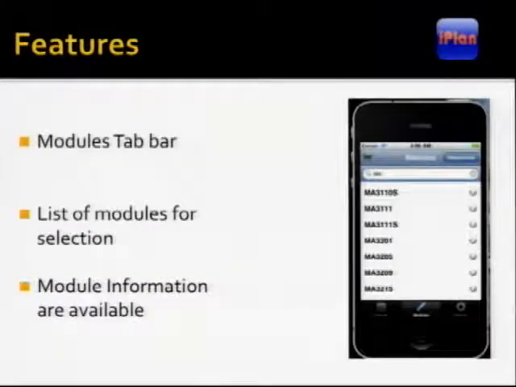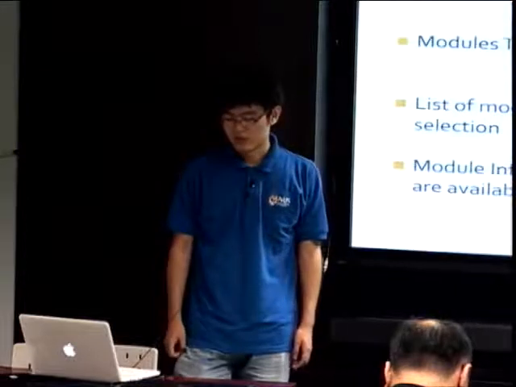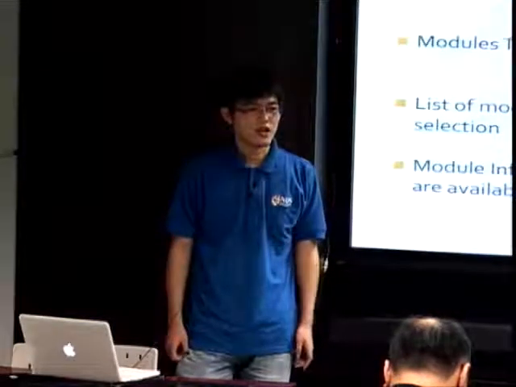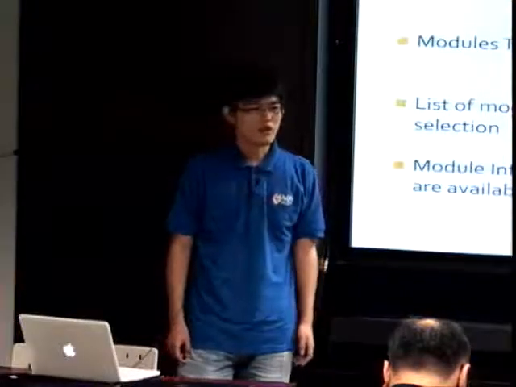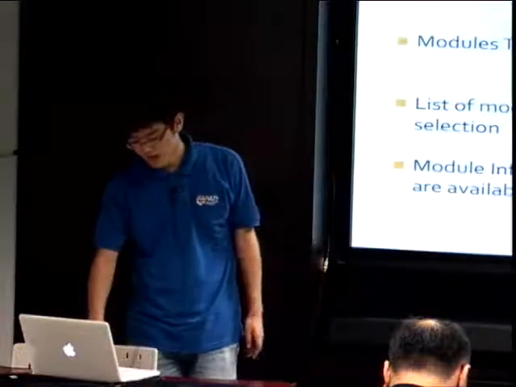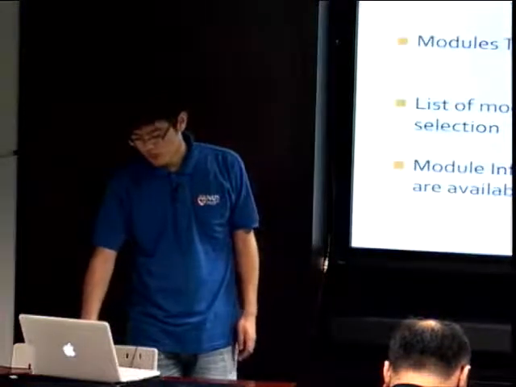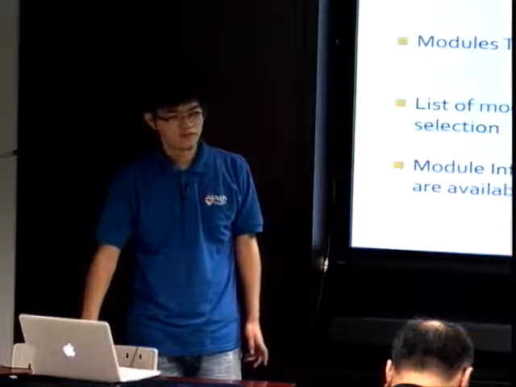Let's talk about the features of our app. The first view is a module tab bar, which lists all the modules. When we click a module, we can see the information of this module, like the prerequisites, workload and some description. We also support searching by module code.